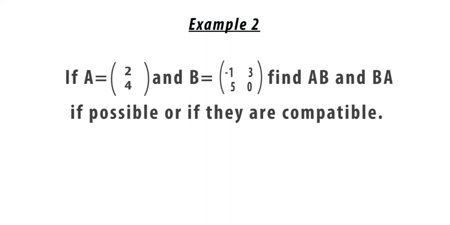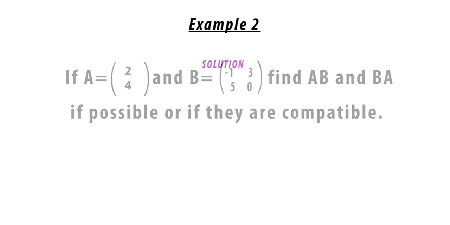Let's take example 2. If the matrix A is equal to 2, 4, and the matrix B is equal to negative 1, 3, 5, 0, find AB and BA if possible, or if they are compatible. Let's take the solution.